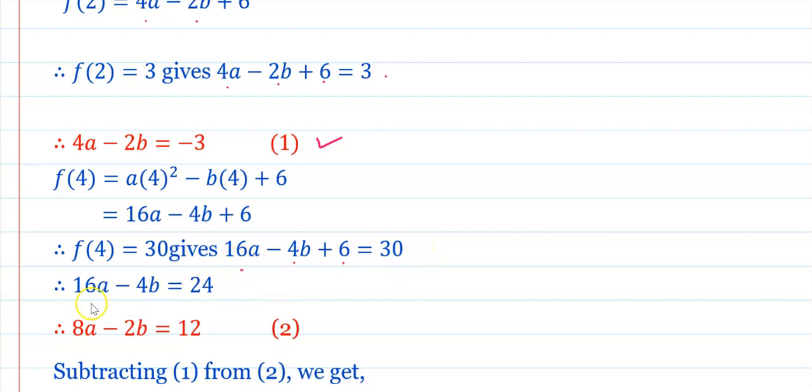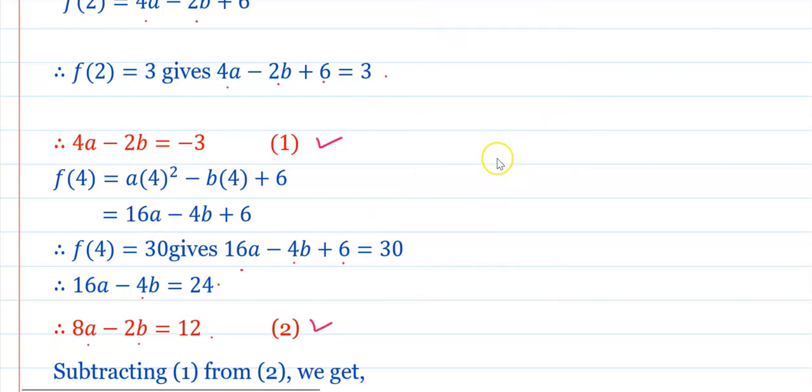That means 16a minus 4b is equal to 24. Divide the whole equation by 2. 16a upon 2 is 8a, minus 4b upon 2 is 2b, 24 upon 2 is 12. And this is equation number 2. Therefore, we will solve these two equations, equation 1 and equation 2. Now see this here.